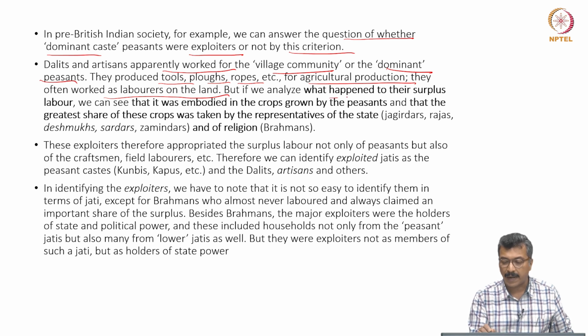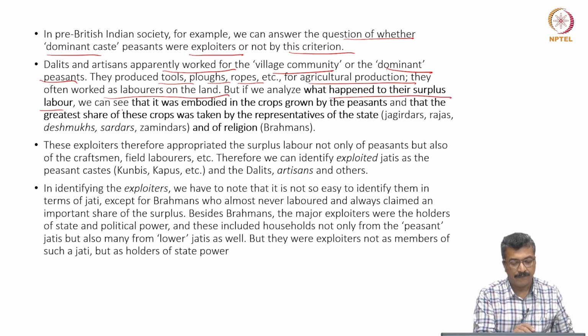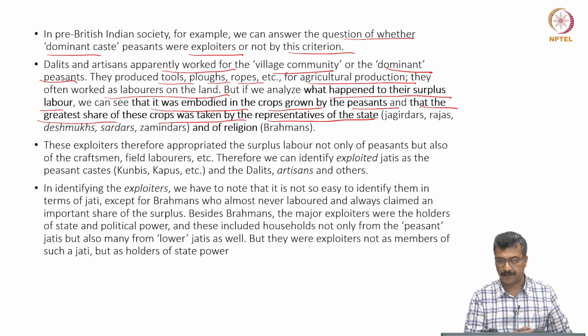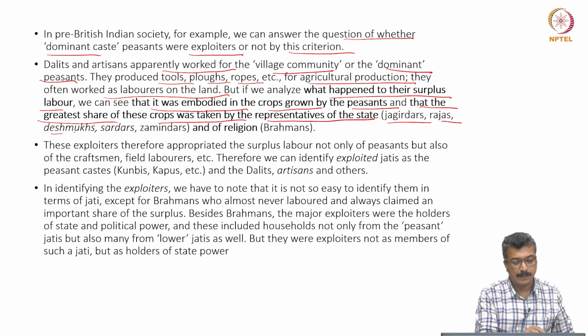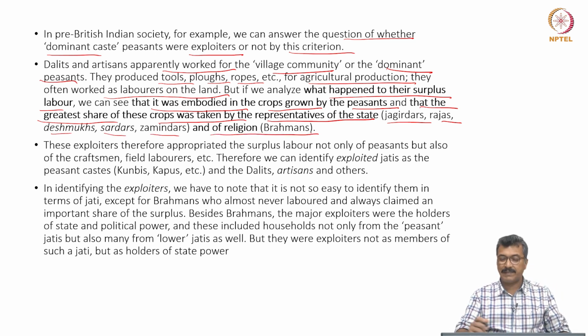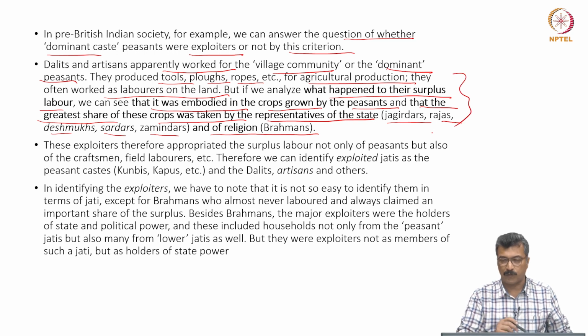But if we analyze what happened to their surplus labor, we can see that it was embodied in the crops grown by the peasants, and that the greatest share of these crops was taken by the representatives of the state: Jagirdars, Rajas, Deshmukhs, Sardars, Zamindars, and of religion, Brahmins. So this is a very important argument that she puts forward.